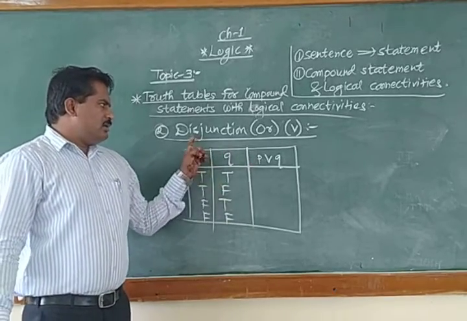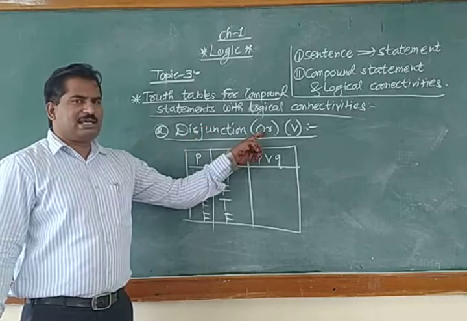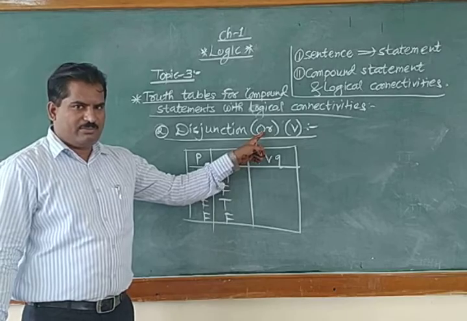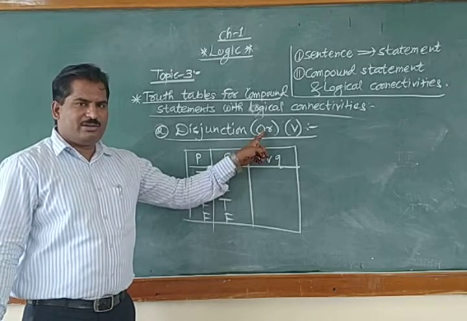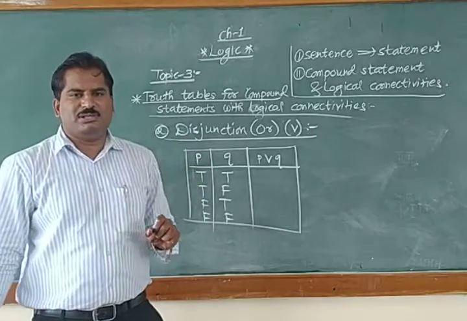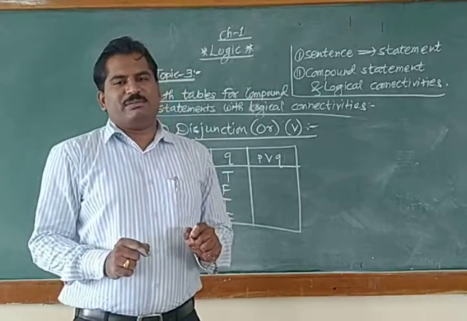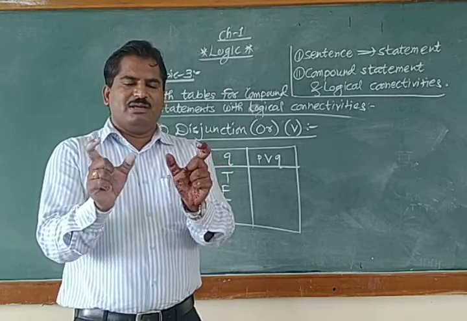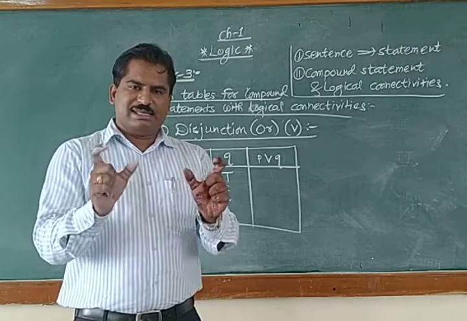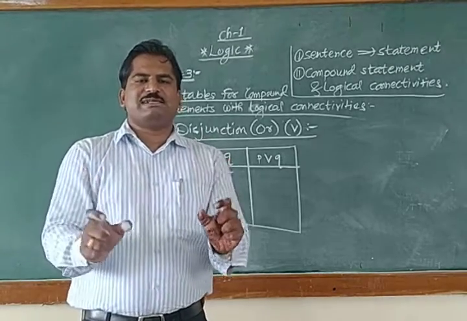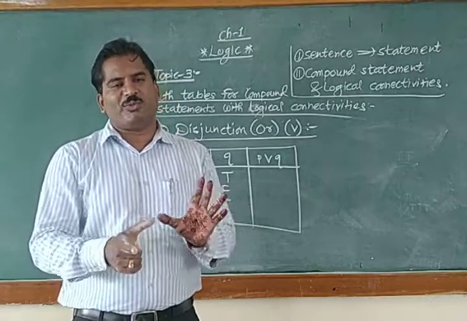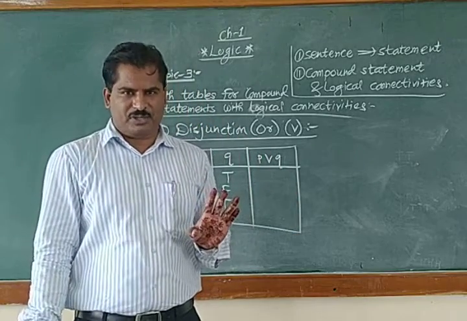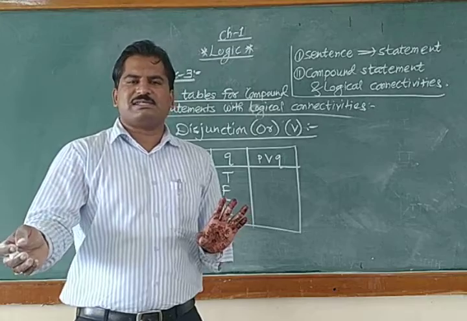But disjunction means the logical connective is 'or'. We know the meaning of 'or'. If a compound statement is formed by two simple statements using 'or', then one of the simple statements is important, not both. If one is true, then it is sufficient.